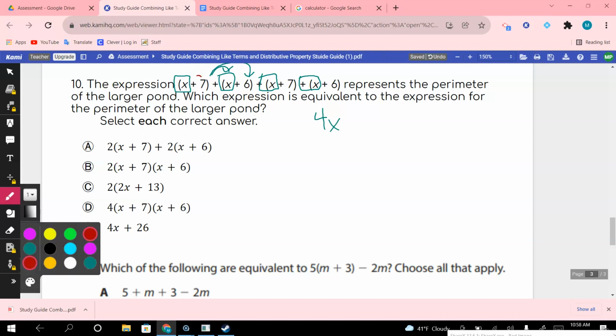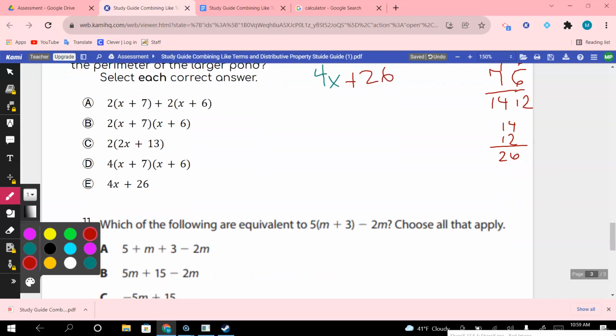And then we have positive 7, positive 6, positive 7, positive 6. So 7 and 7 is 14. 6 and 6 is 12. So 14 plus 12 is 26. So plus 26. So E is correct.